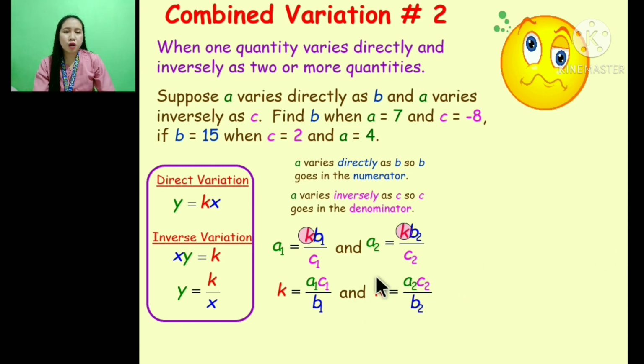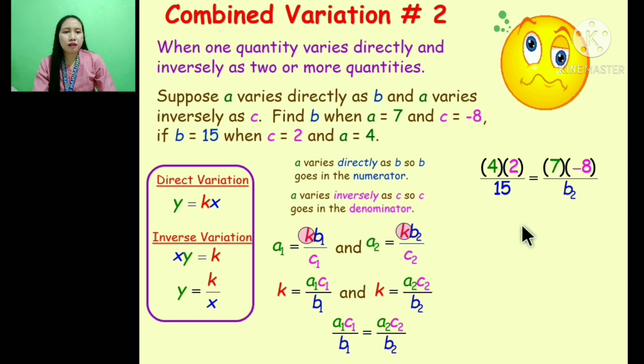So since we're going to find both the constant, we're now going to get their equation A sub 1 C sub 1 divided by B sub 1 equate to A sub 2 times C sub 2 divided by B sub 2.